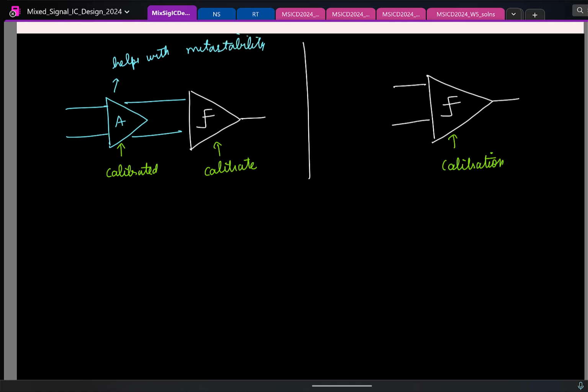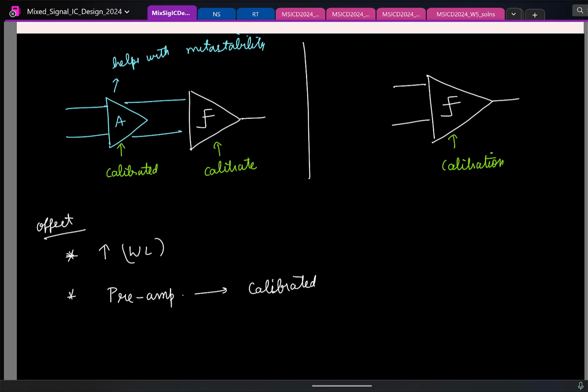So bottom line, to correct for offset, one brute force technique that you can adopt is to try to increase the size of the transistors. And if you find that beyond some point you can't do it, you do calibration. You can also try to add a preamplifier, but the preamplifier needs to be calibrated.